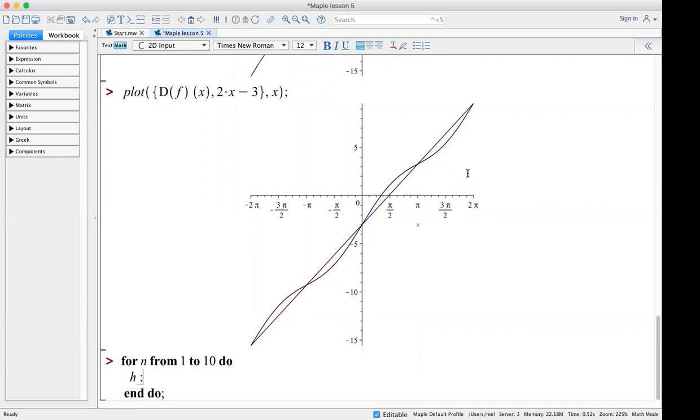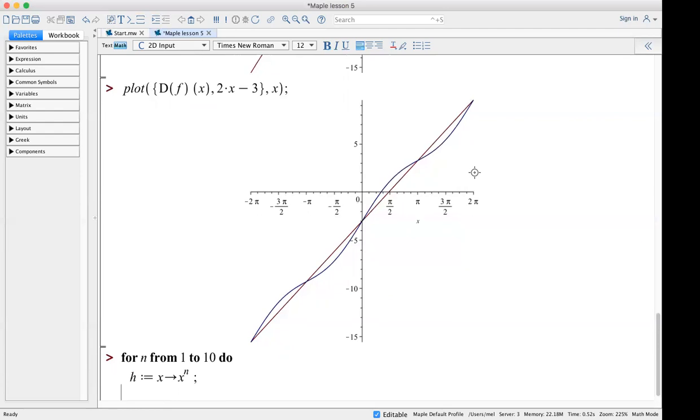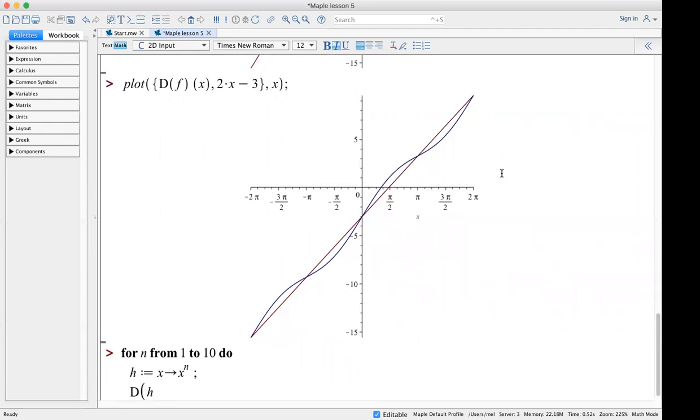Let's say h is x goes to x to the n. And let's compute the derivative of h evaluated at x.